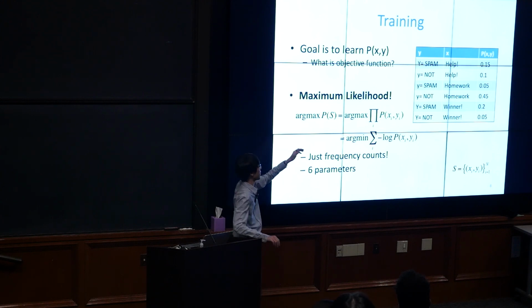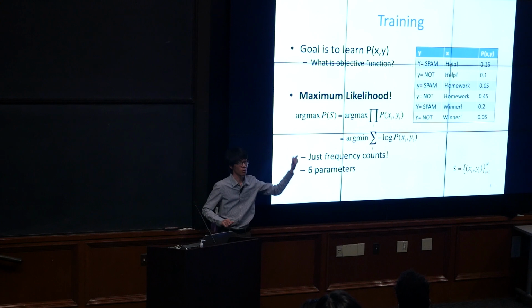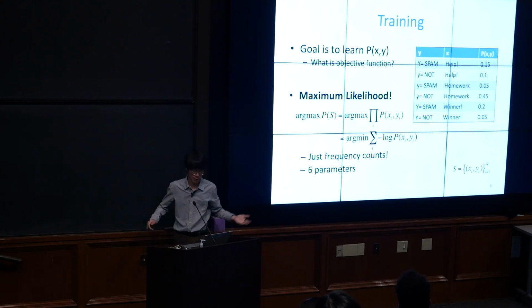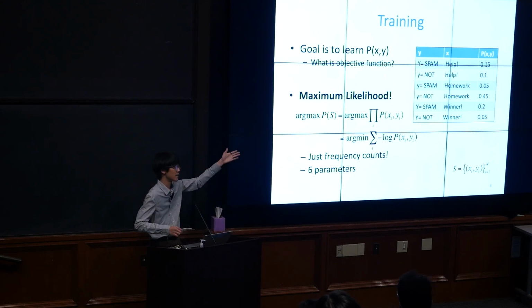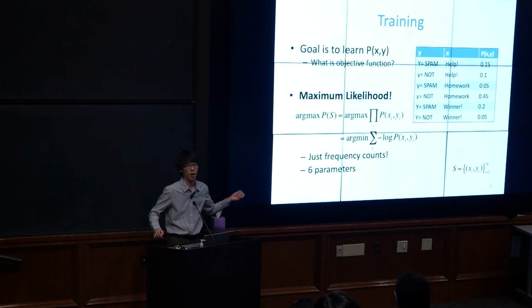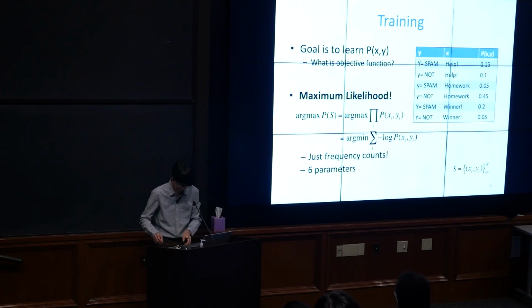If the pair help and spam occurs a lot in my data set, then that joint probability is higher. So we can just count the occurrences of each example in our data set, and that becomes our model. Our model is this lookup table where we define the probability for every single possible pair.